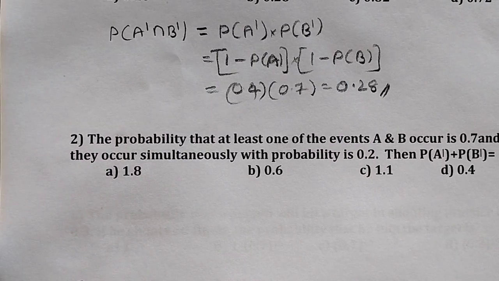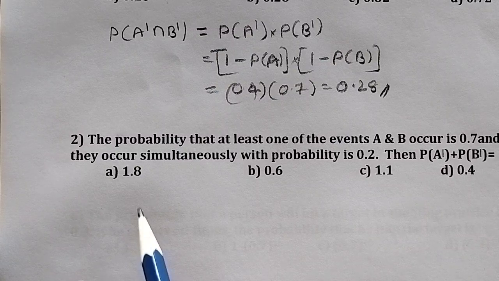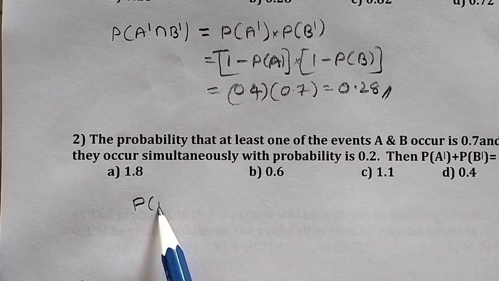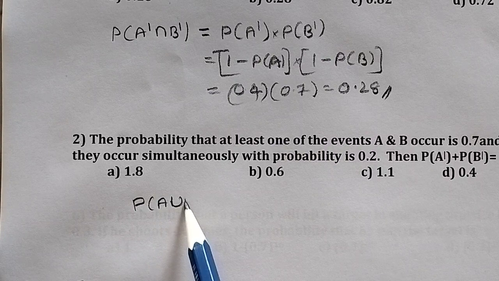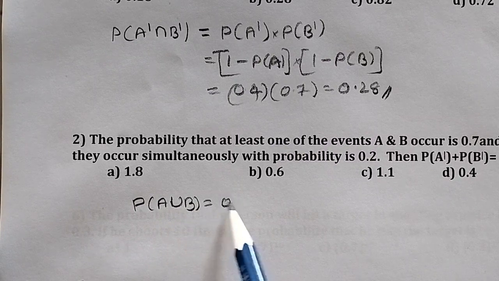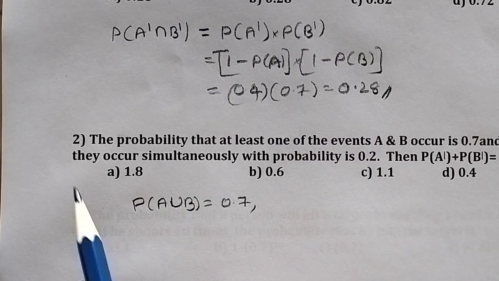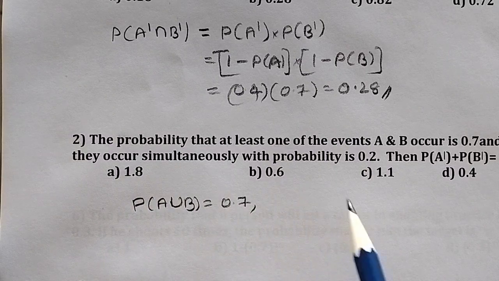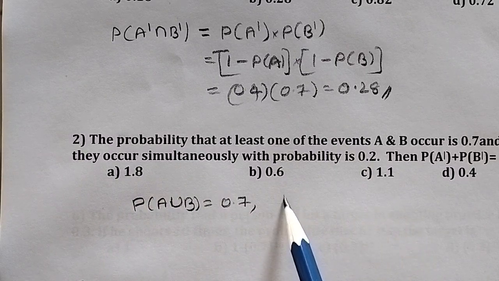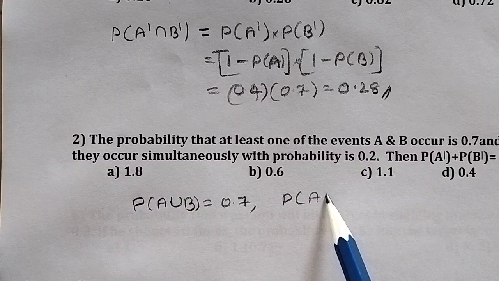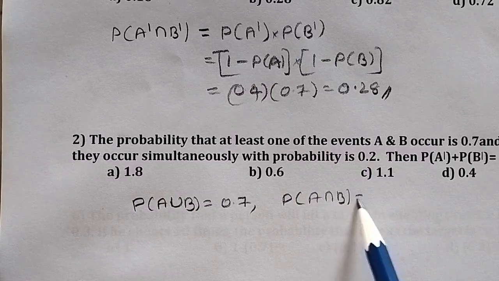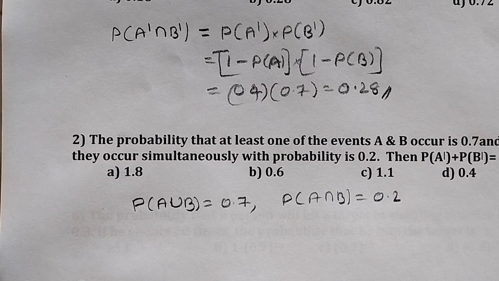Now coming to the next question: the probability that at least one of the events A and B occurs is 0.7, and they occur simultaneously with probability 0.2. What does that mean? At least one of A and B means A union B occurs with 0.7, and P of A intersection B is given as 0.2. Then we need to find P of A dash plus P of B dash.